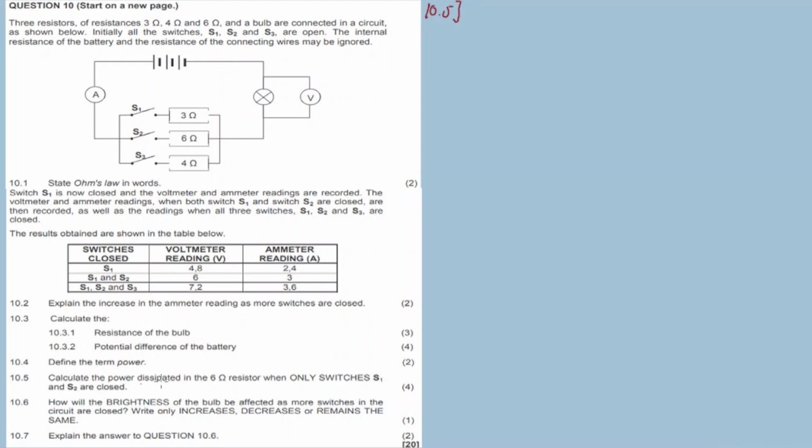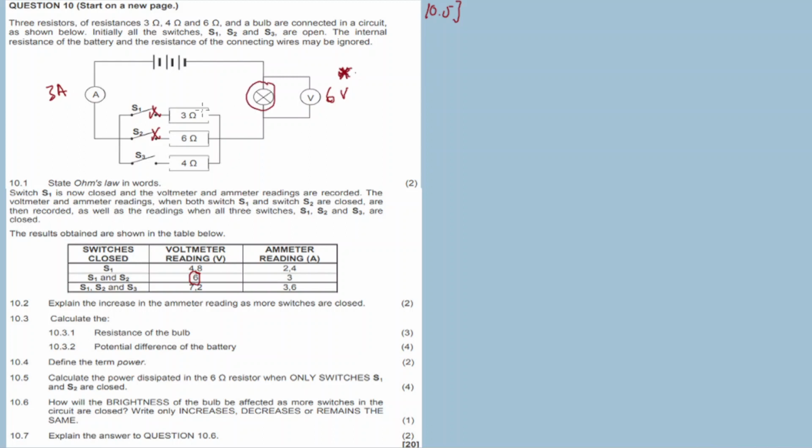Calculate the power dissipated in the 6 ohm resistor when only switches 1 and 2 are closed. We close switch 1 and 2. And then pay attention to the voltage for now. So here about 6 volts, and then the current about 3 ohm.